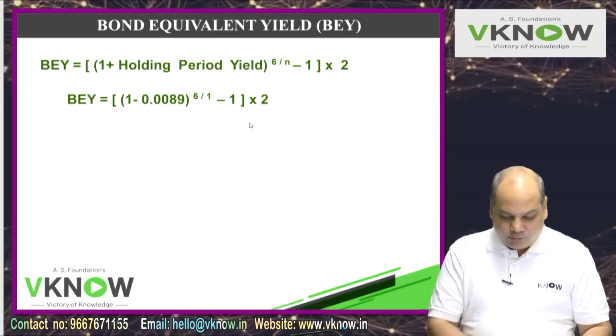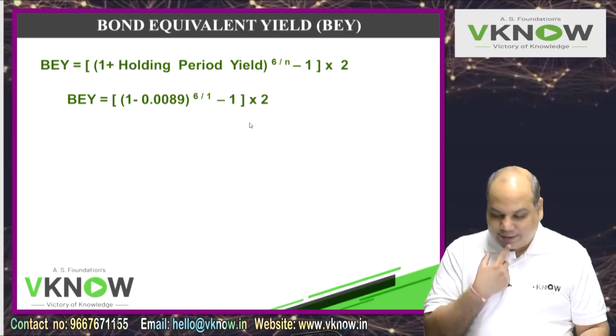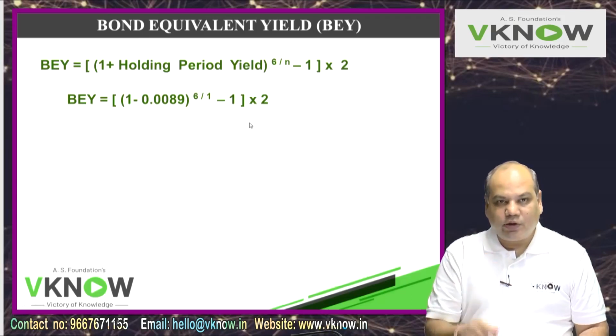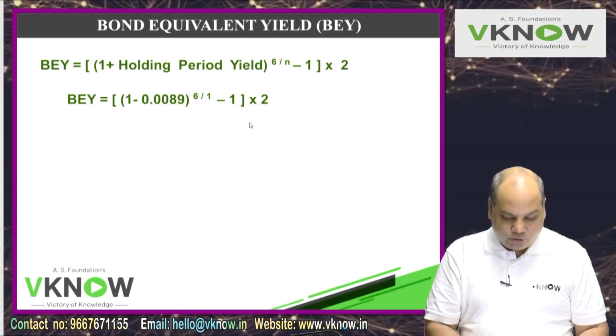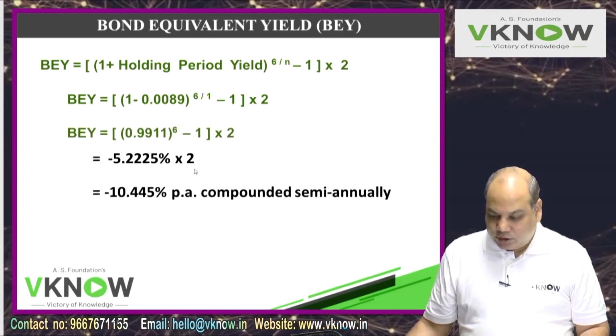So take your calculator once again, dear student. 1 minus 0.0089, equal to, you are getting 0.9911. Into power 6, press equal to 5 times: 1, 2, 3, 4, 5. And then minus 1 and then into 2, equal to. So you will get something like 10.445% negative per annum.